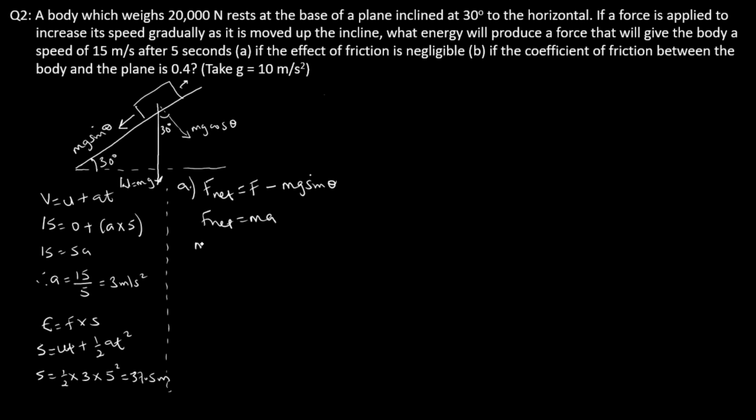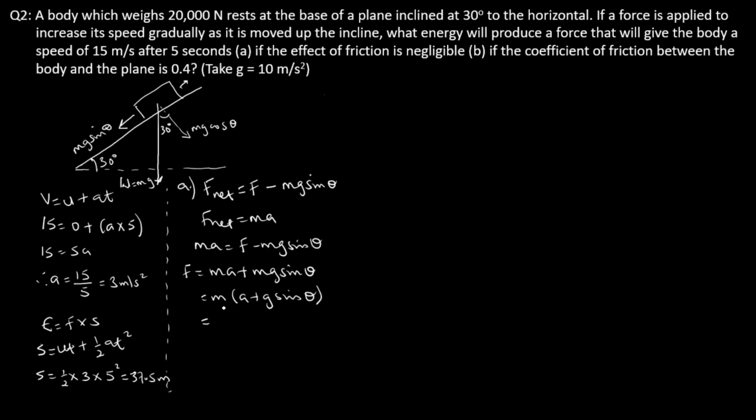so we can write ma equals F minus mg sine theta. Which means that the applied force therefore becomes equal to ma plus mg sine theta. Factorize, we'll have m into a plus g sine theta.